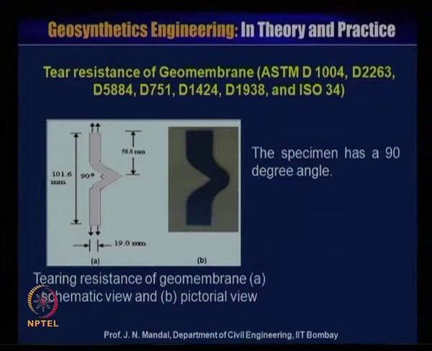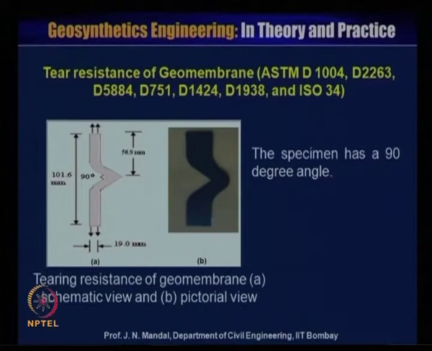Now, next, the tear resistance of geomembrane as per ASTM D1004 or D2263, D5884, D751, D1424, D1938 and ISO 34. This specimen has a 90 degree. You can see this pictorial view.